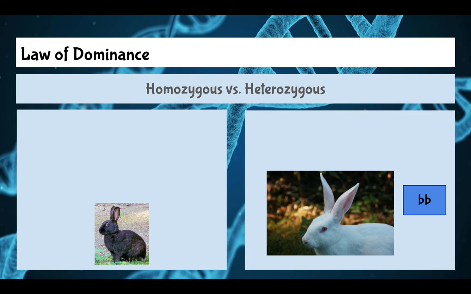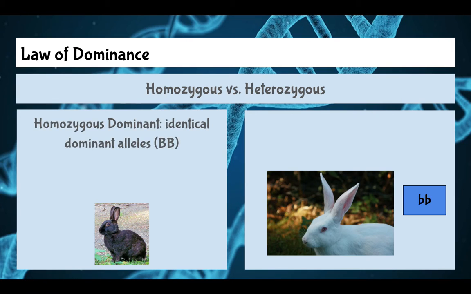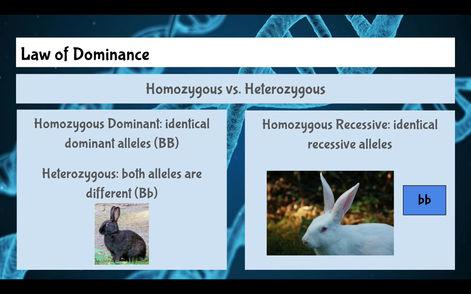And that's not like A, B, A, C. No, we're talking capital and lowercase when we talk about the letters. So a homozygous dominant trait is big B, big B. A heterozygous trait is big B, little b. And a homozygous recessive trait is 2 identical recessive alleles, so little b, little b.